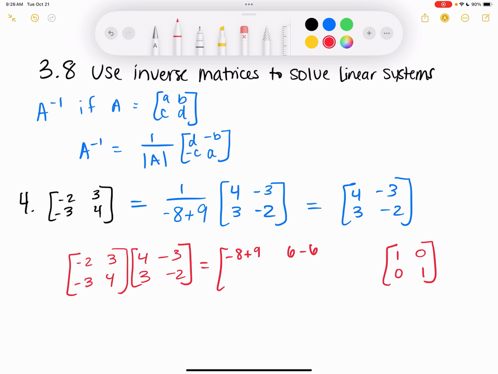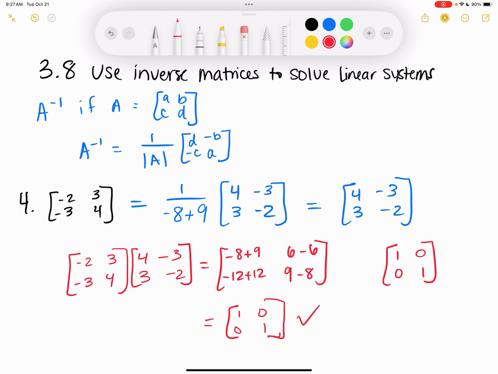Then second row, first column, -3 times 4 is -12, plus 4 times 3 is 12. And then second row, second column, -3 times -3 is +9. 4 times -2 is -8. And so then I get 1, 0, 0, 1. Yay. So that has just proved that I found the correct inverse matrix.